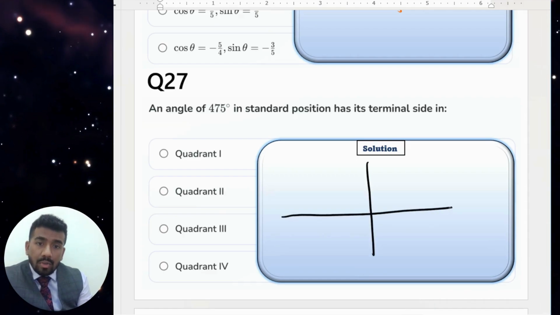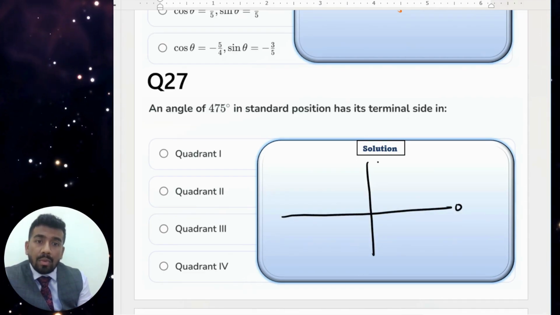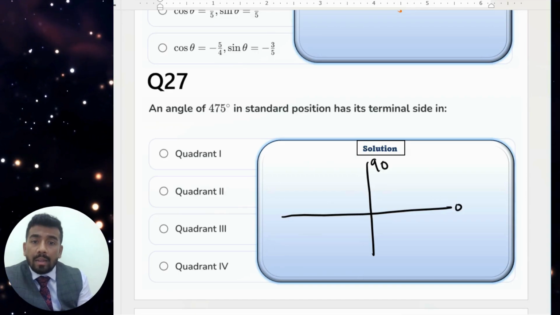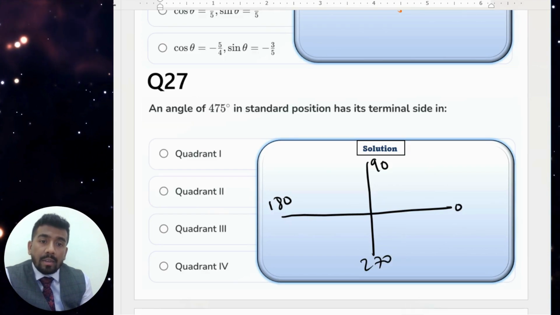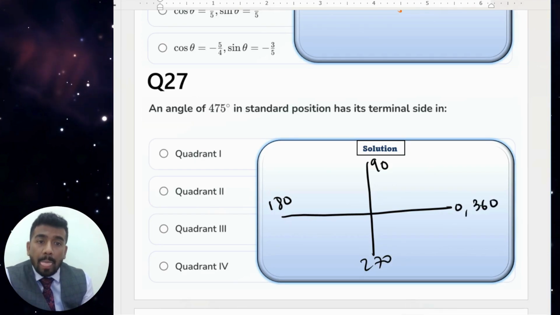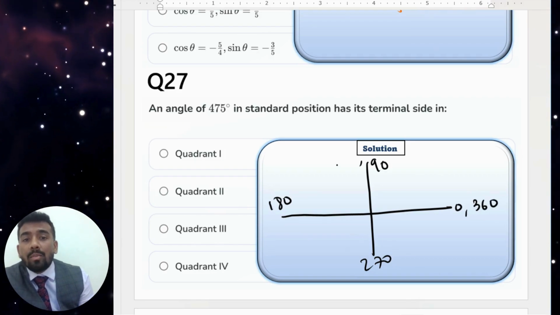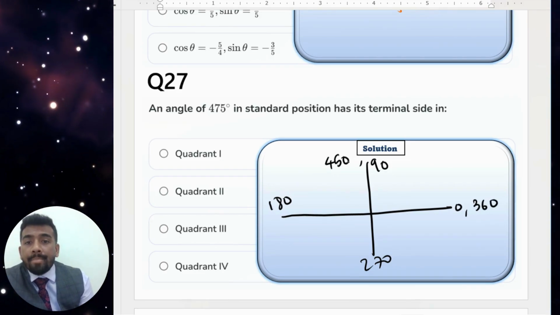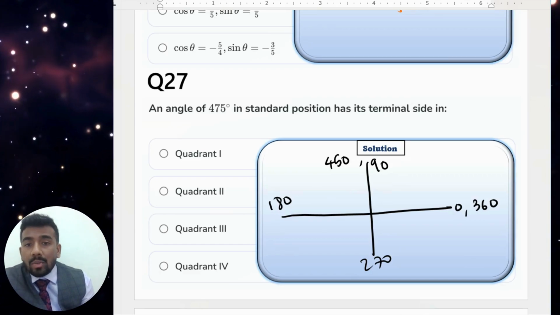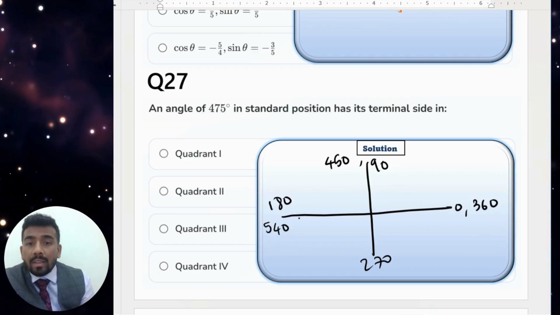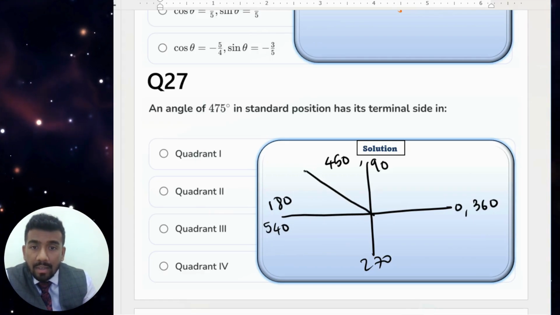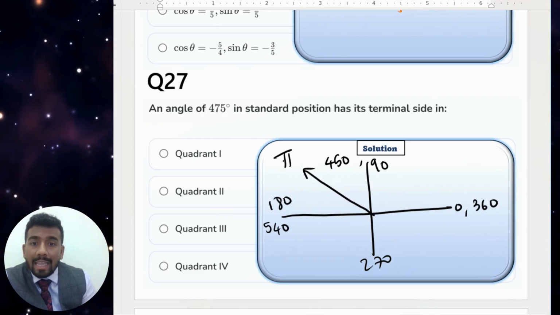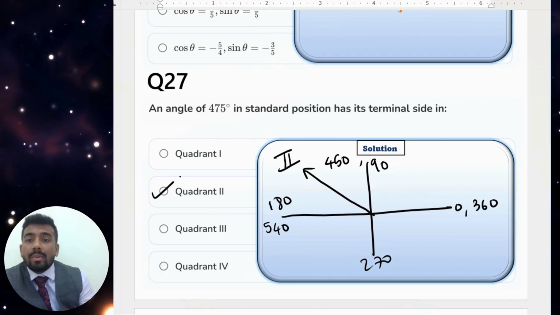So this is your 0, 90, 180, 270, 360 plus 90. If I do this it will come 450, and plus 90 it will be 540. So 475 will be somewhere here, in between this. So which quadrant is this? Second quadrant, quadrant 2. Understood?